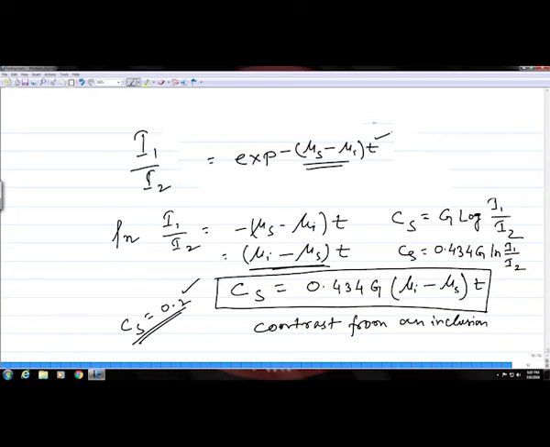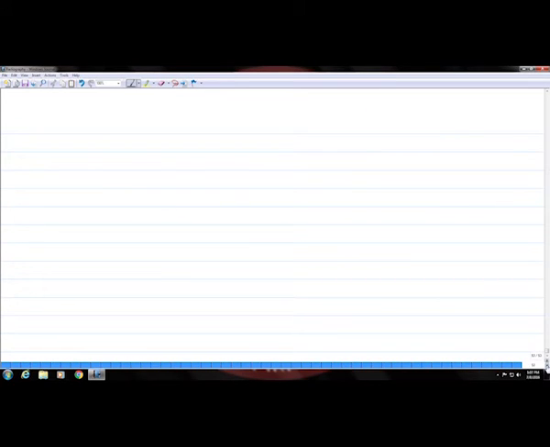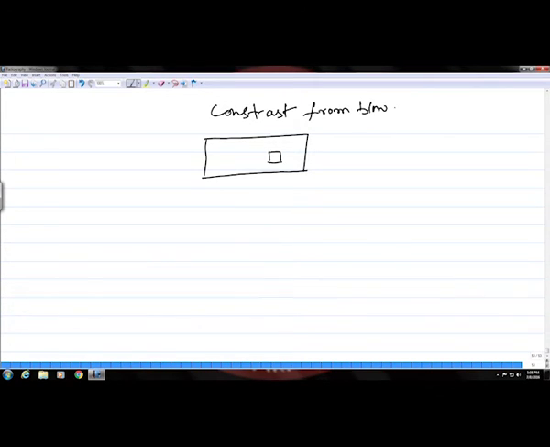Similarly, you could also get the contrast from a blowhole. So, here again we will follow a similar approach.